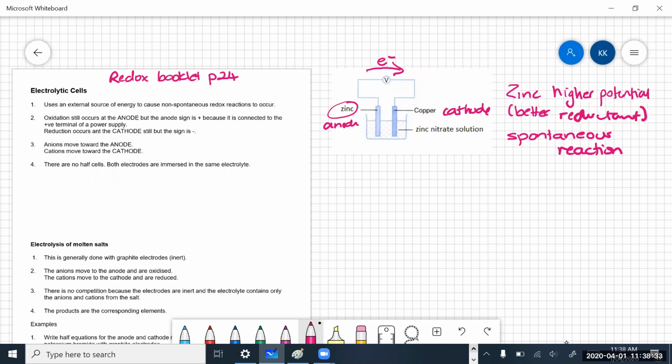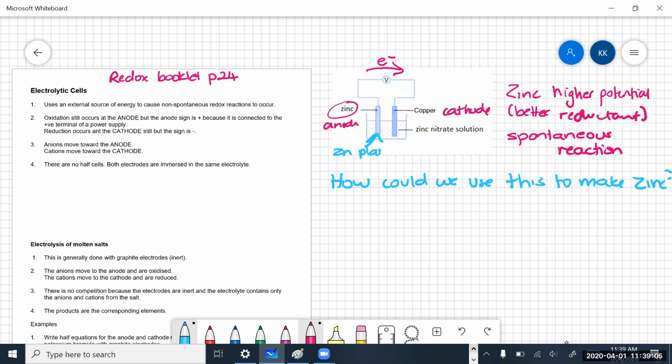But what if, instead of using this cell to generate an electric current, we wanted to make zinc from this? How could we use this setup so that instead of the zinc corroding, we were getting more zinc?